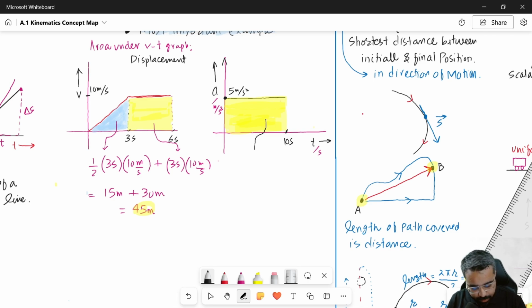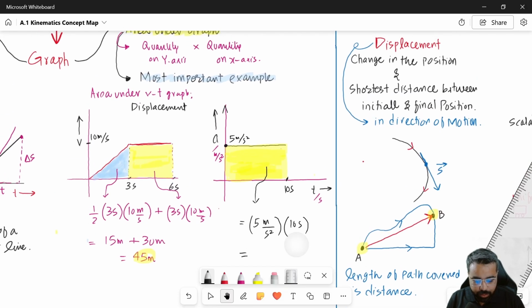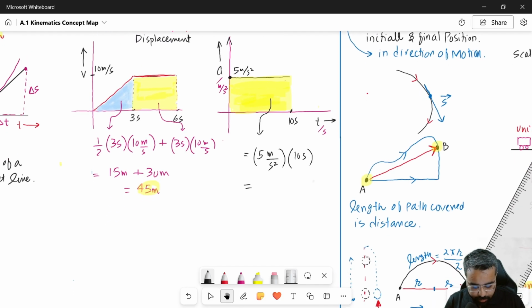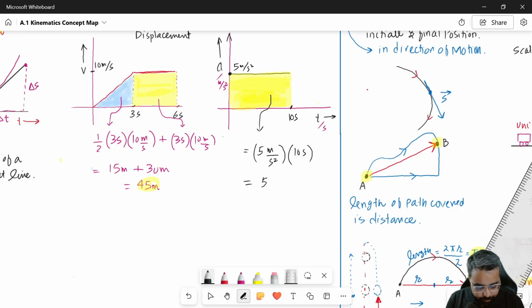What does this area represent? It is obviously the area of a rectangle, and if I apply the formula of the area of a rectangle, just look at the units. What I told you in the start, area is actually indirectly the multiplication of two quantities, one on the y-axis and one on the x-axis. So what we see is 50 meter per second.